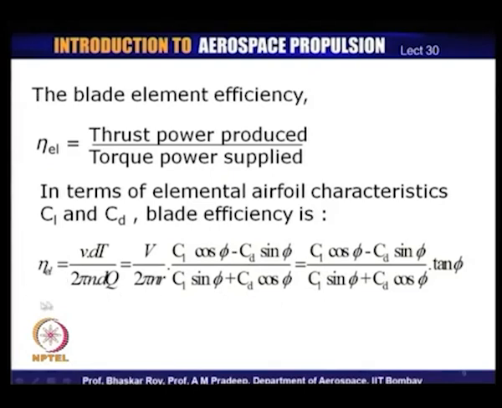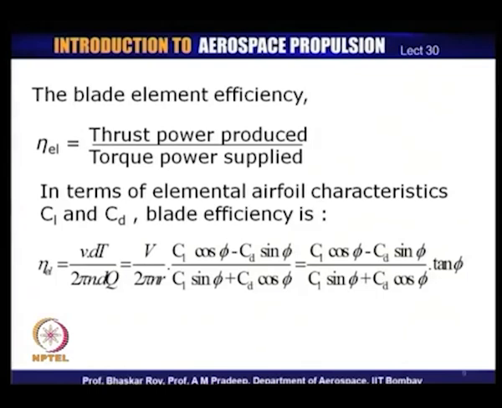The elemental efficiency of any particular blade element of a propeller can be written in terms of CL, CD and phi, which is the flow angle into that particular element, and these three together give you the elemental efficiency of the propeller. This stands to reason, because the three of them together actually decide the aerodynamic working capability of that particular element, which as you know is an aerofoil section.